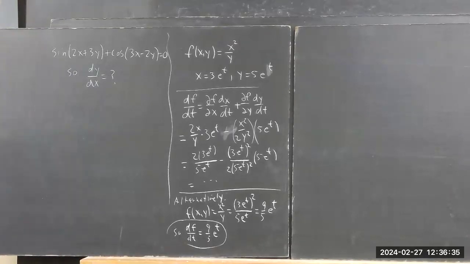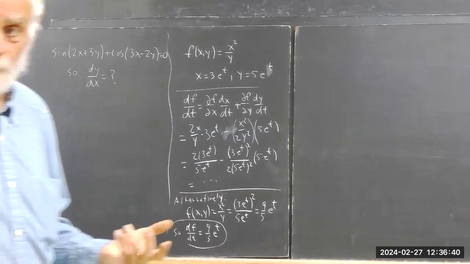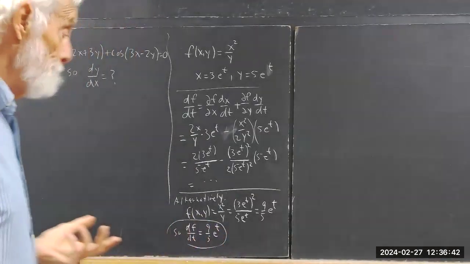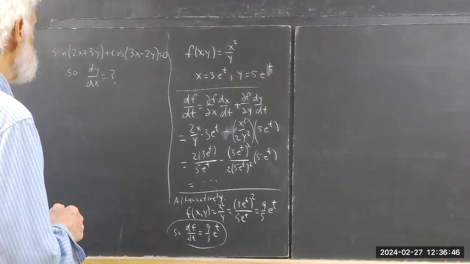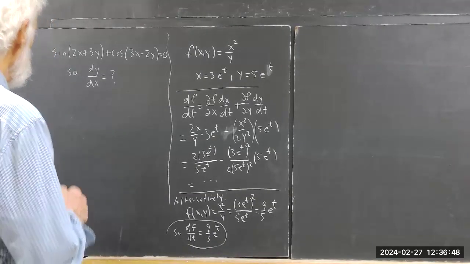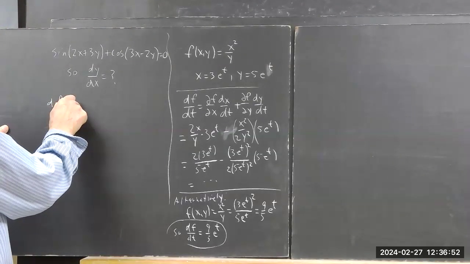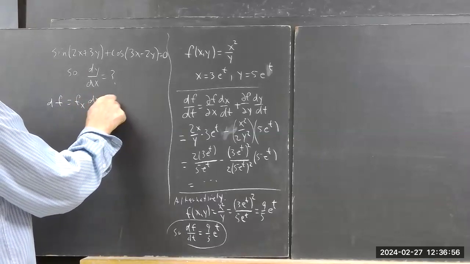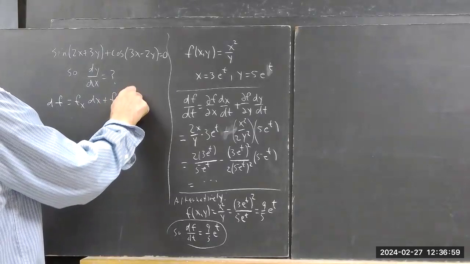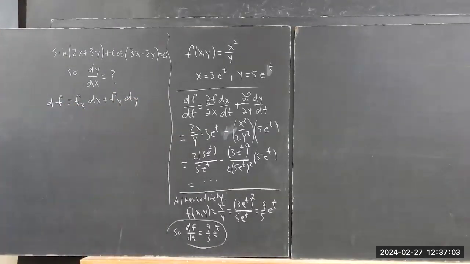Okay. Now, how do we get dy dx? How do we use implicit differentiation? Okay. So the differential df is fx dx plus fy dy.